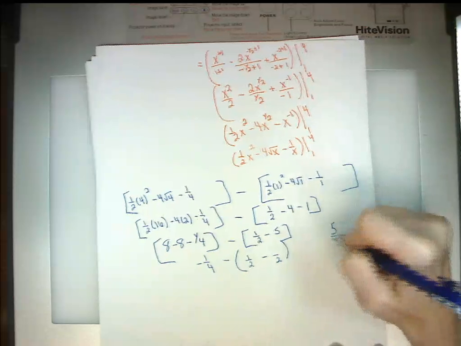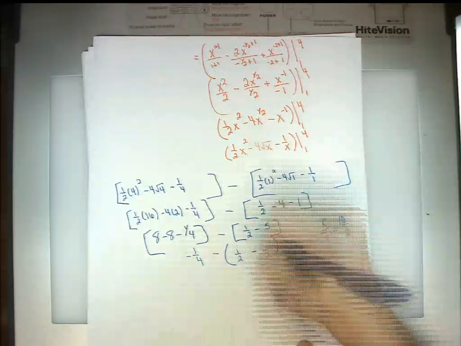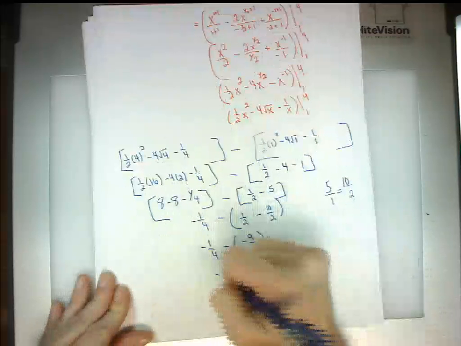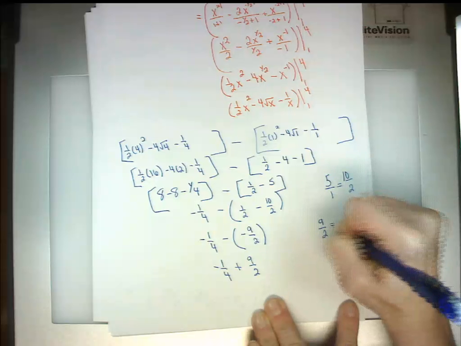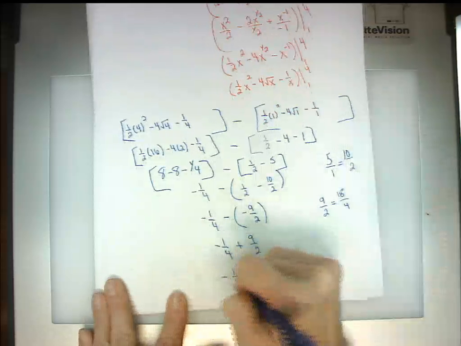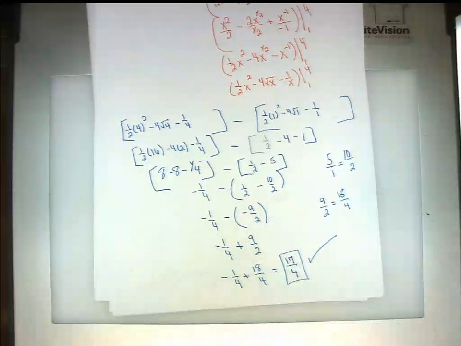This is off to the side. 5 over 1 equals what over 2? 1 goes into 2 times 5, 10. By 4.